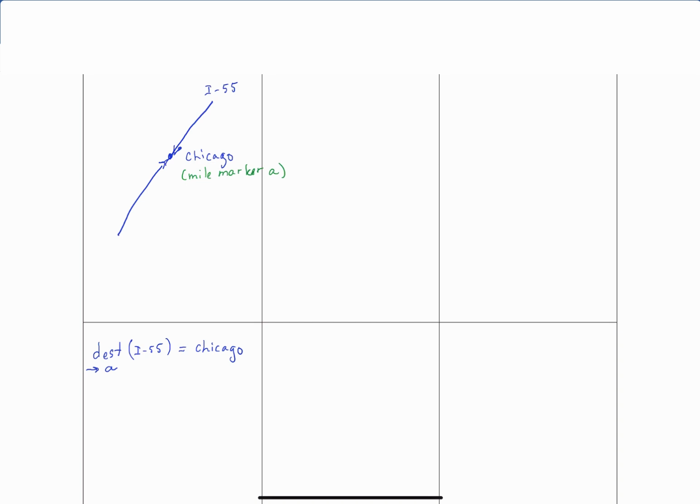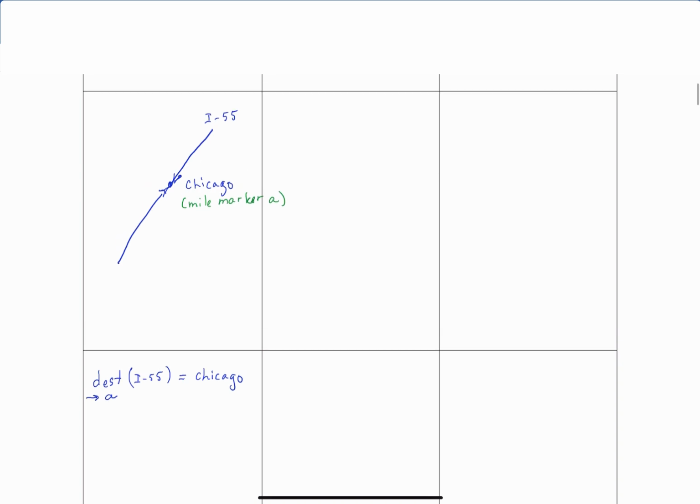Speaking of math, let's turn this into math. I've got a graph, so I need coordinate axes here. And instead of calling this graph a highway, let's say it's the graph of a function. How about f of x?